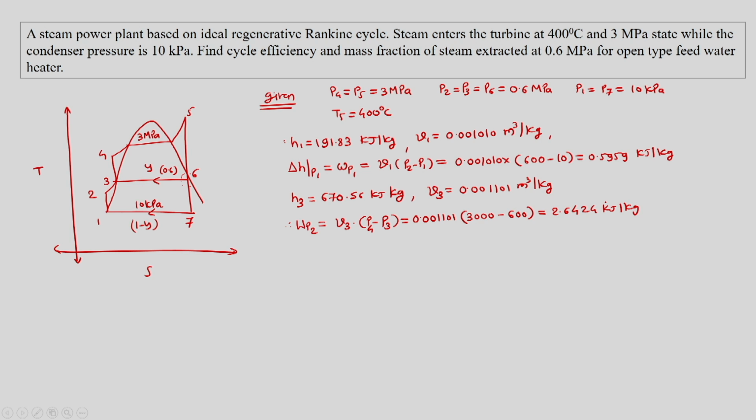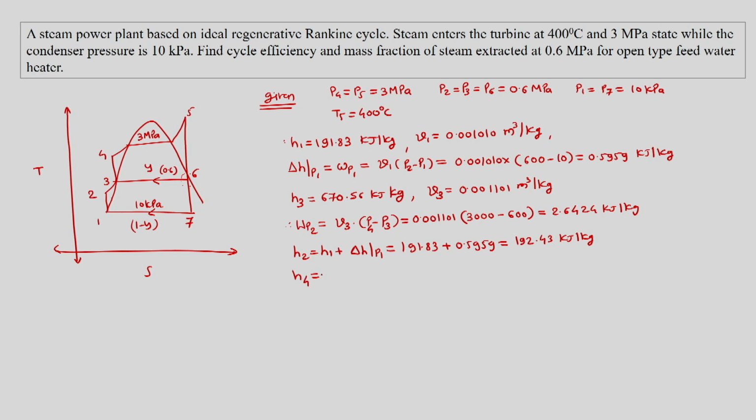Now we can use these two specific pump works to find other enthalpies. So, H2 is equal to H1 plus delta HP1. So, H2 is 191.83 plus 0.5959, and this gives us H2 as 192.43 kilojoule per kg, and H3 is already found.